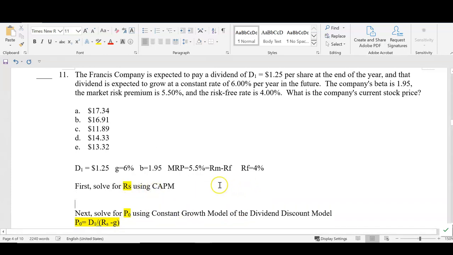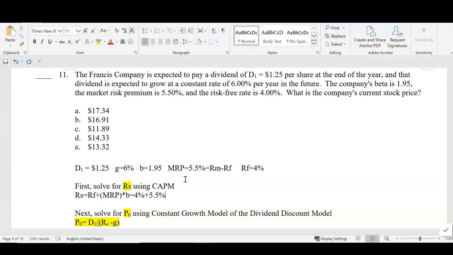So the required rate of return of the stock RS would be equal to RF plus market risk premium multiplied by beta. Remember, market risk premium is RM minus RF. So here we can just use 4% plus 5.5% multiplied by beta 1.95.